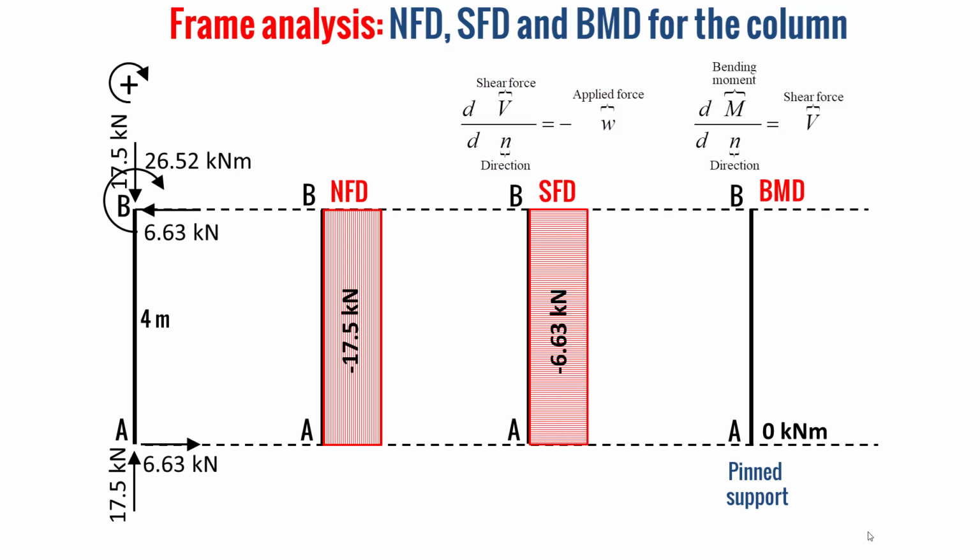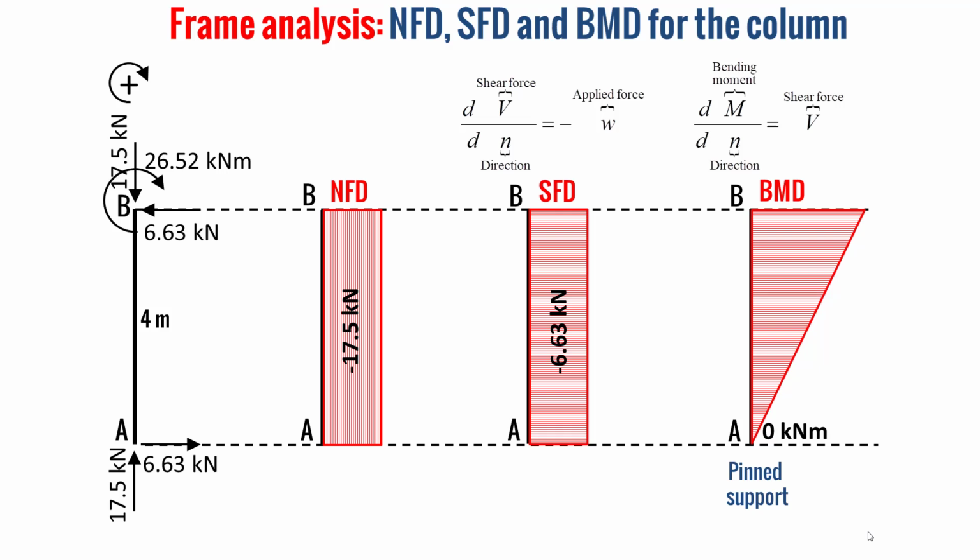And since the variation of the bending moment along the longitudinal direction of the column is equal to the shear force, in other terms, the bending moment is the integral of the shear force along the longitudinal direction of the column, and since the shear force diagram is constant, which means a 0-degree function, the bending moment diagram will be a 1-degree function like this.